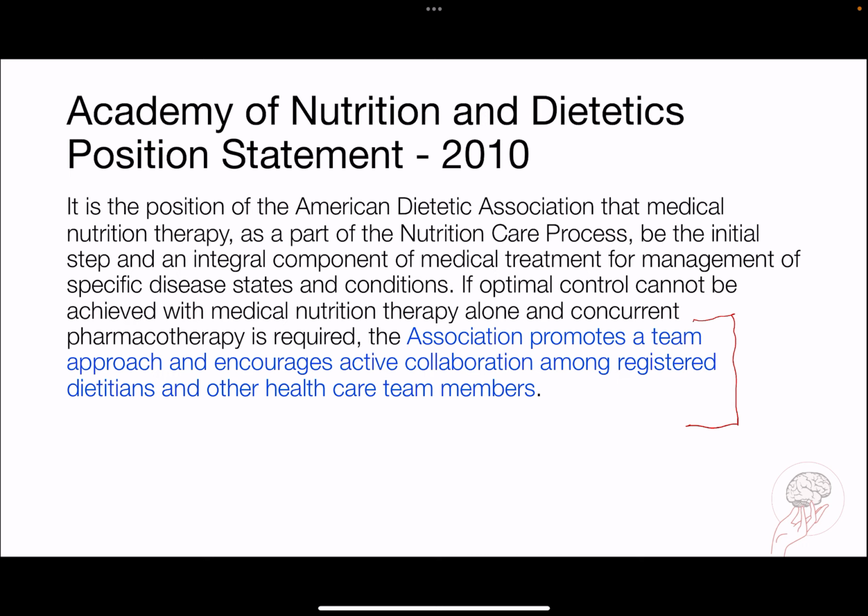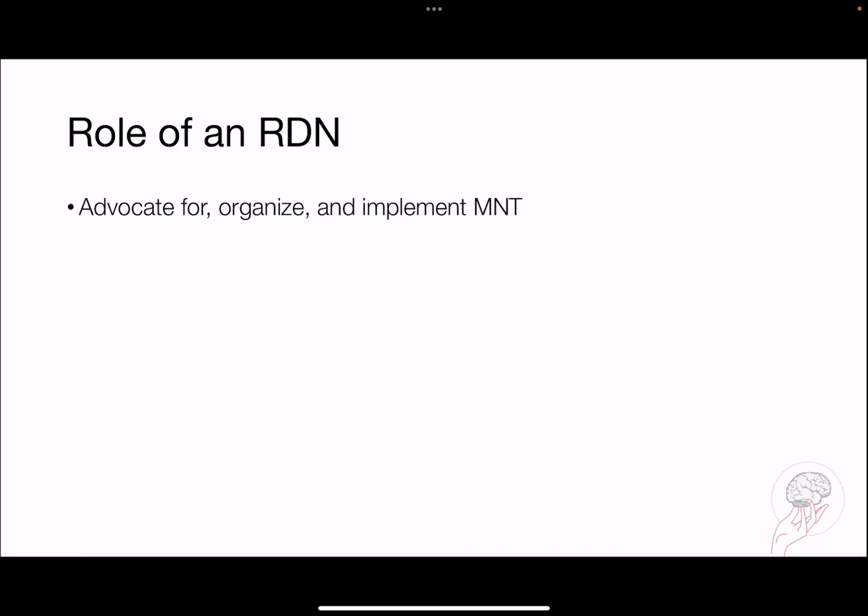The health team member you would probably collaborate with the most for a drug would be a pharmacist. So it's important that you, as the RDN, are talking with the pharmacist to make sure that you're giving the patient the best information possible.